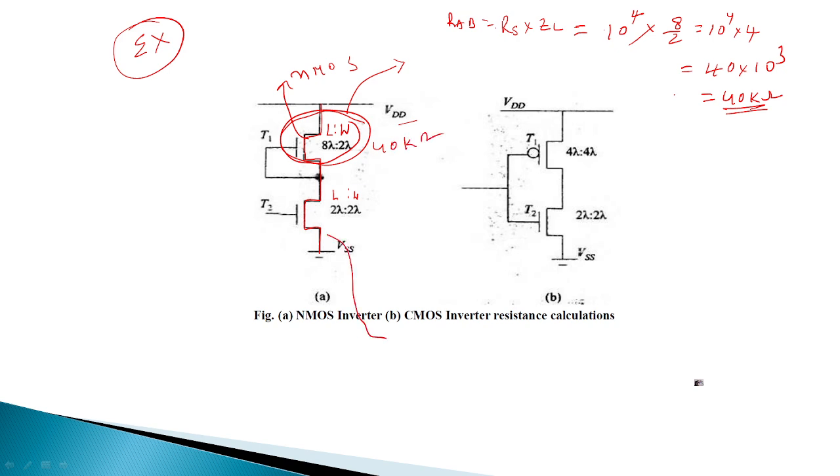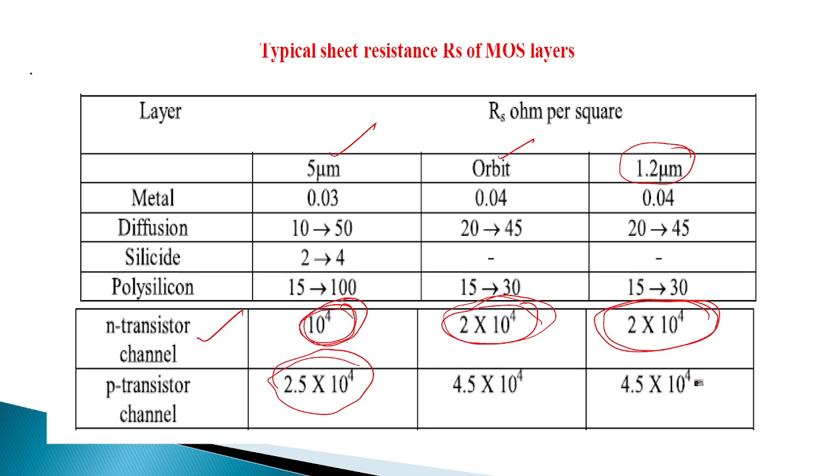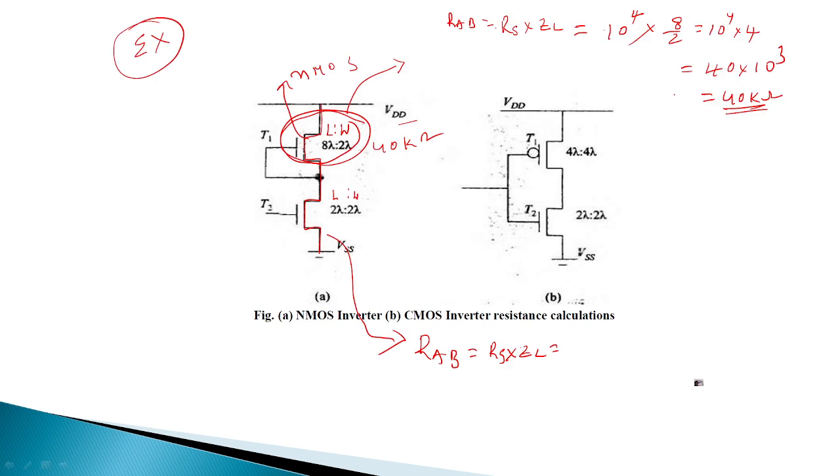And for this one, what is the standard resistance? We need to find R_AB equals RS into ZL. RS means the standard resistance in the table. For an NMOS transistor, 10 power 4 ohms, multiplied with ZL, length by width, 2 by 2.